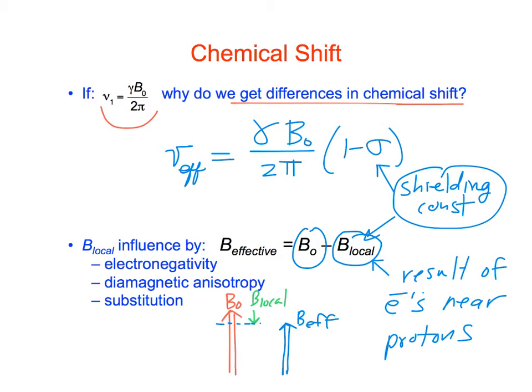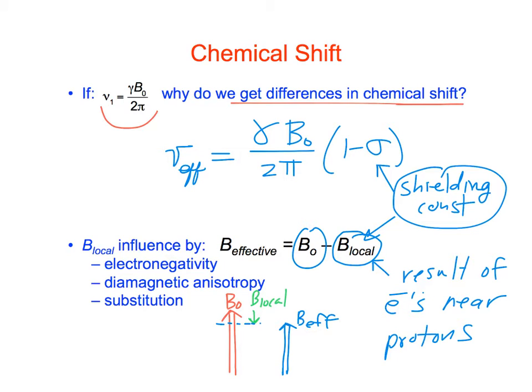You can say, okay, a methoxy group is going to have a similar B local, similar shielding constant, no matter what molecule it's in, right? Methoxy groups have about the same frequency, same chemical shift. So that's how we can kind of say if we add an electron-withdrawing group or add a chlorine to something, we can see it be shielded or de-shielded. Right. So this is going to be more of a qualitative thing.